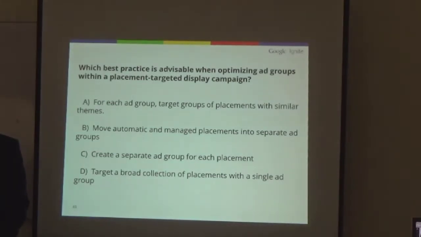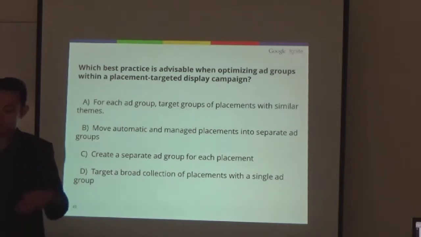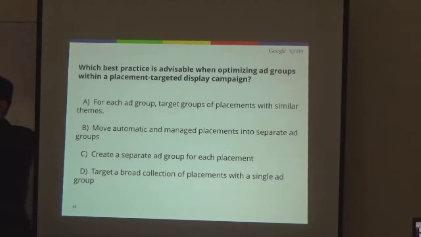So what is this? A. What's the best practice optimizing ad groups within a display targeted campaign? B. Move automatic and placement into separate ad groups. C. Separate or create ad groups for each placement. Or D. Target broad collection of placement with single ad group. That's one of the reasons why with these kind of scenario questions, you can go back and read.